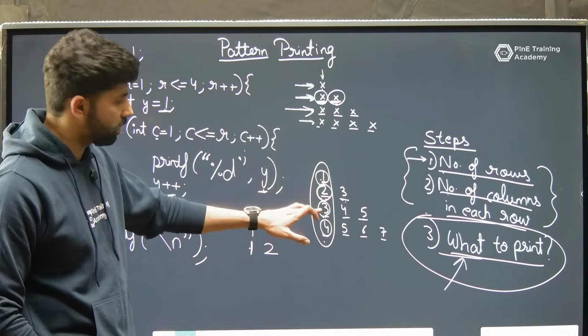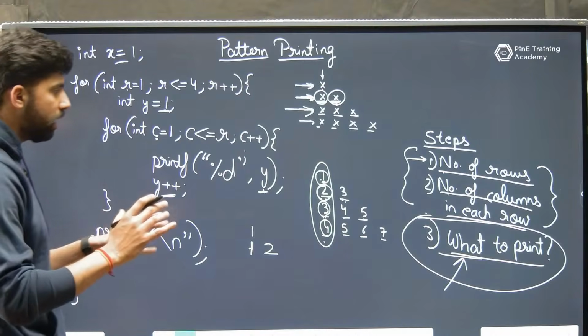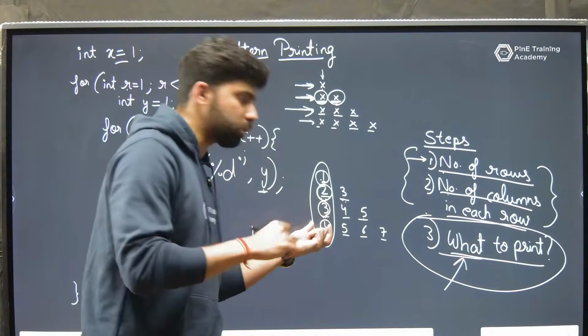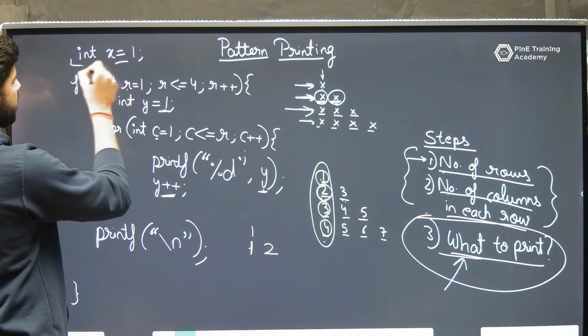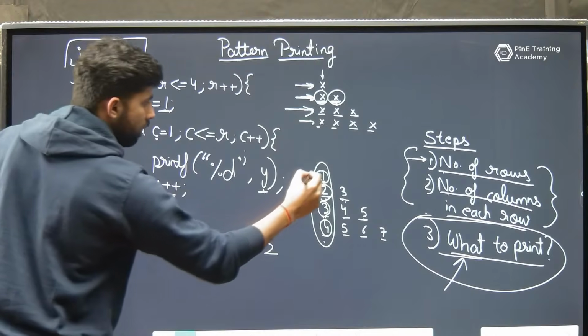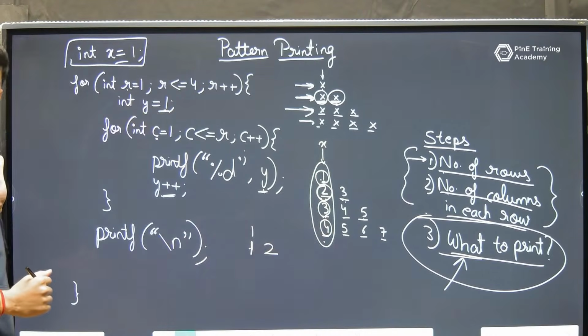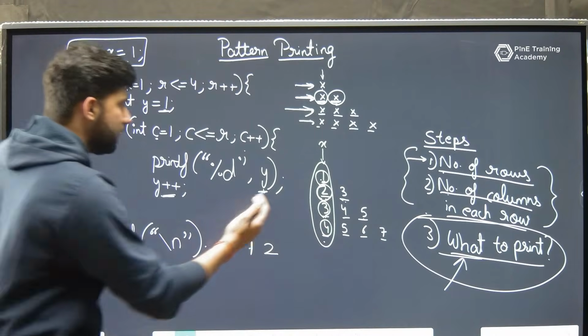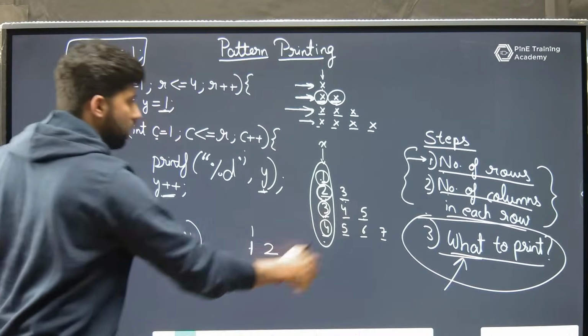If this was 2, this is 3. If this is 3, next one is 4. Which means if I can track the number which was earlier, I can just increment it. So what I'll do is, I will say, okay, this x will be responsible for first numbers, and then y will keep printing on these numbers. Rest of the numbers, we can use y.